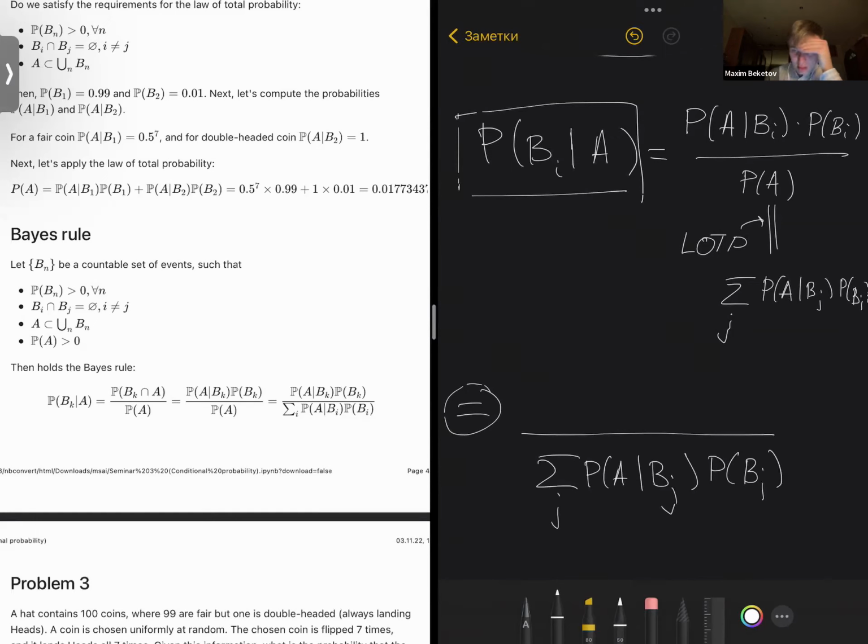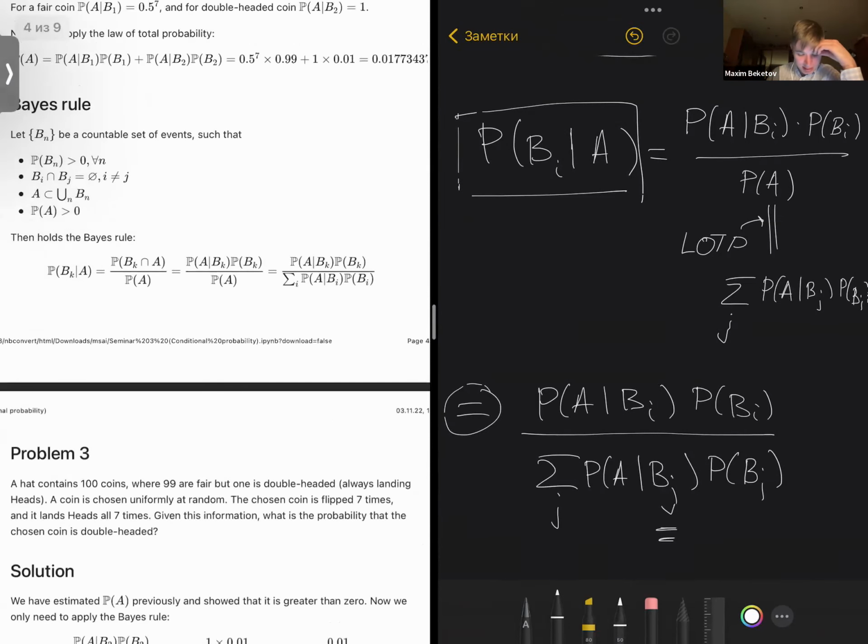And in the numerator, you have only a certain term taken out of this summation. So it's a ratio of one term to the whole sum. That one term is P of A given a certain B times P of that B, right? The ratio of one term to the whole sum.